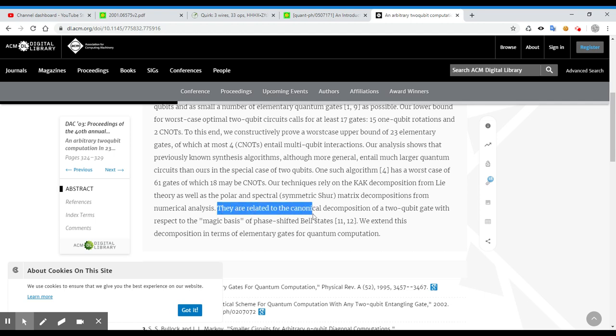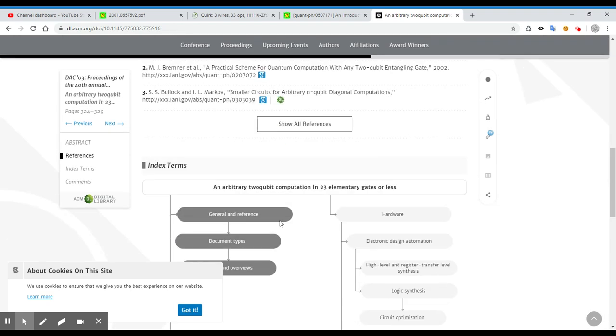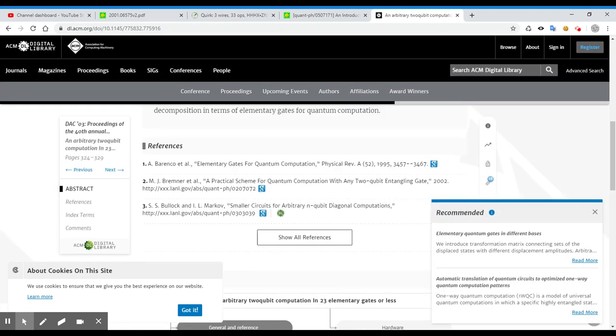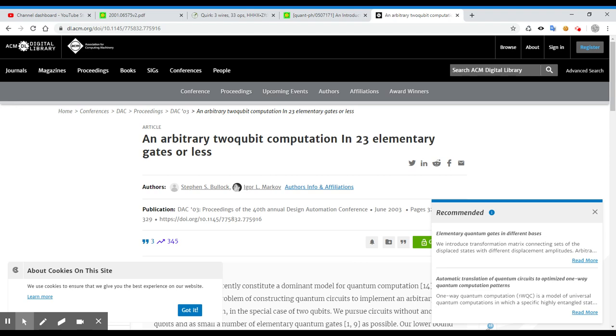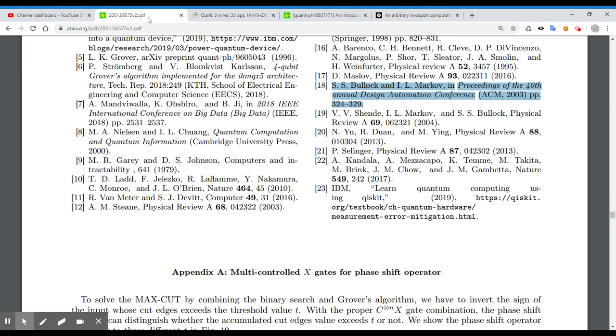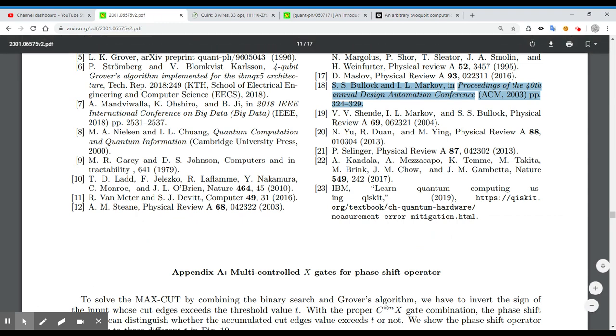They are related to the canonical decomposition of the 2-qubit gate with respect to the magic basis of phase-shifted Bell states. Is it from Stephen and Igor? No, that's not. Oh yeah, Bullock and Markov. Yeah, that's the paper.